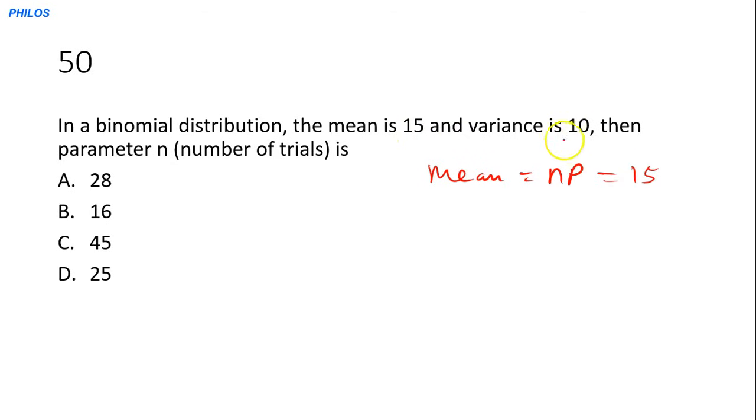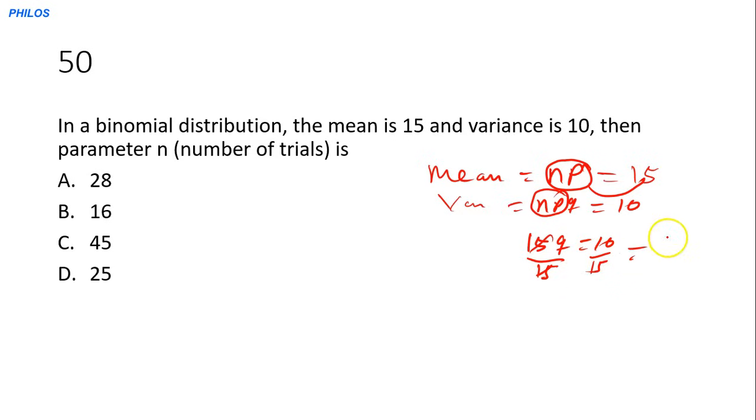And it says the variance is 10. And we know in binomial distribution, variance is equal to n times p times q, which is 10. So if that is the case, if n times p is 15, we can substitute 15 here. So we have 15 q is equal to 10.